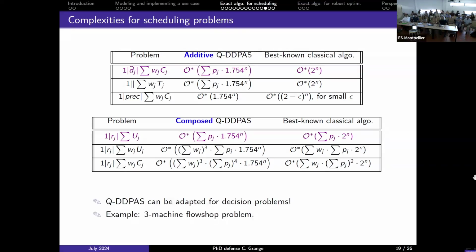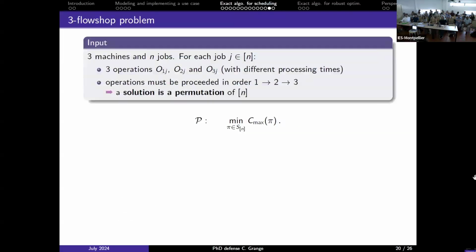And one can mention that this algorithm can also be adapted for decision problems, and I will just show it to you on the 3-machine flowshop problem. Okay, so let me introduce this problem quickly. We have 3 machines and n jobs, and for each job, we have 3 operations: operation 1, operation 2, and operation 3.